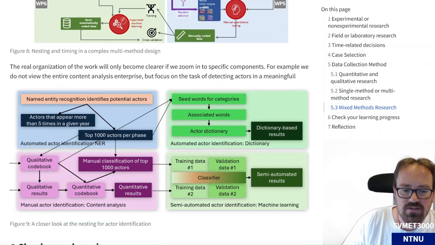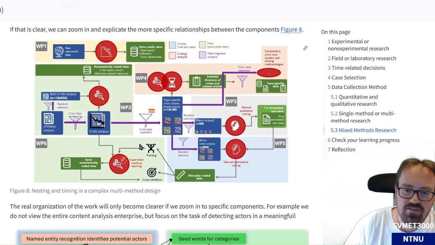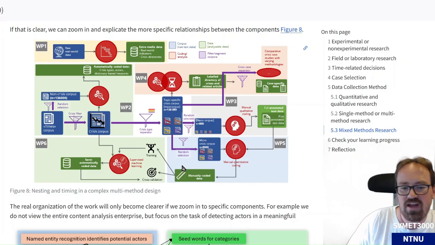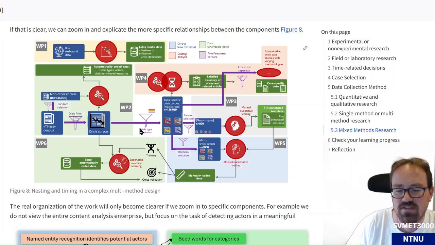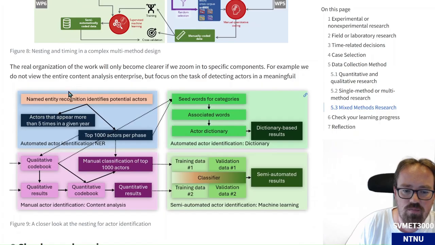And if that's not clear enough, or that doesn't specify in each and every way what these arrows mean and how they work, this is a more area-specific look at how different procedures work together.